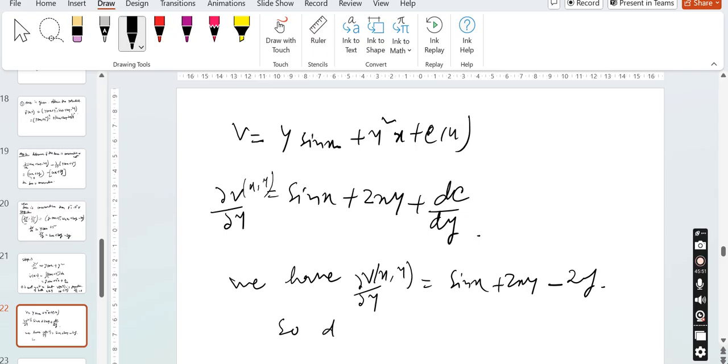So dc by dy is equal to minus 2y. So c will be minus y square a.